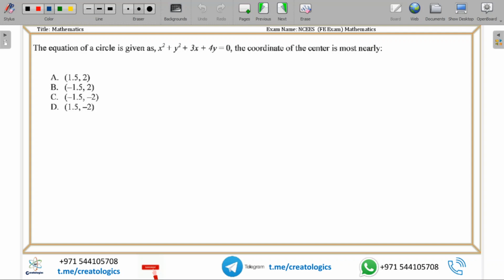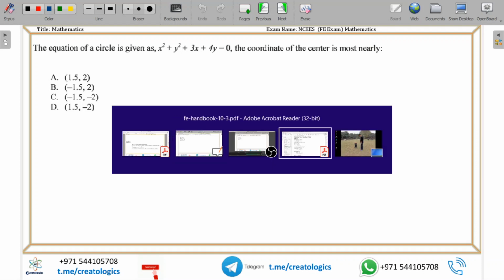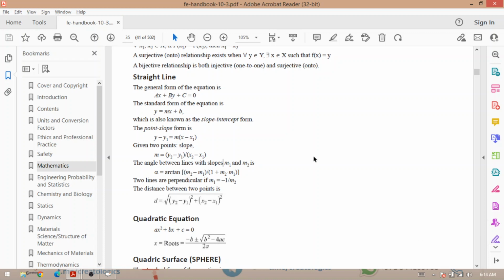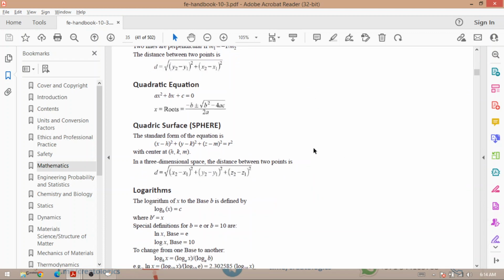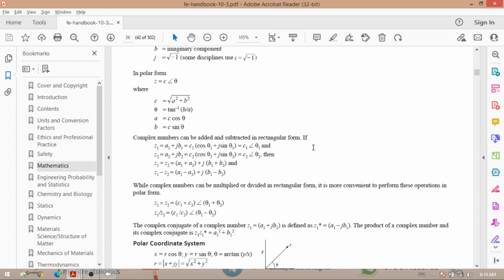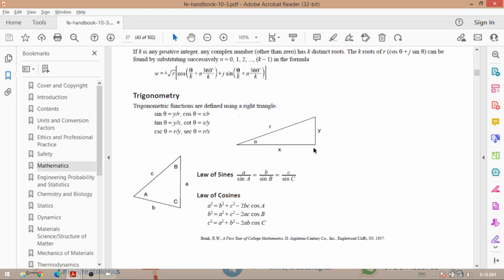You know that the equation of a circle is given by x square plus y square plus 2gx plus 2fy plus c equal to 0 and the center lies at minus g comma minus f. If you use that formula, you can solve this in one line, with no calculation required. Let me show you the circle formulas from where you can directly relate this.